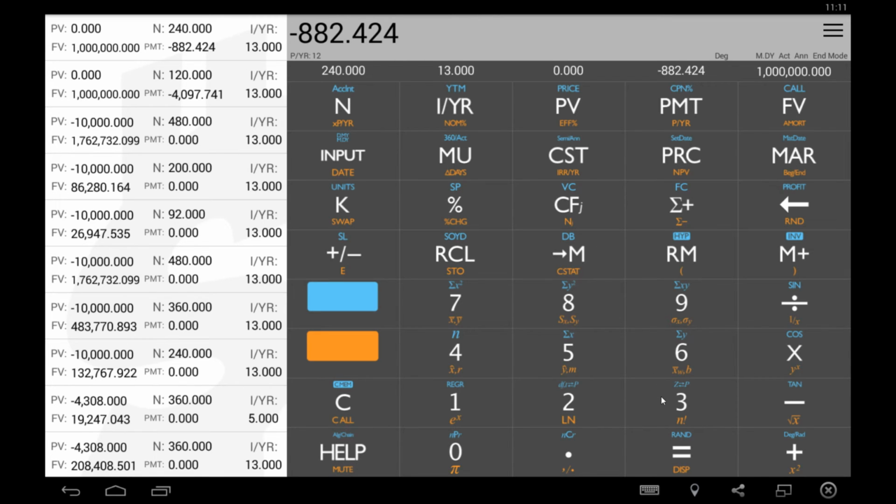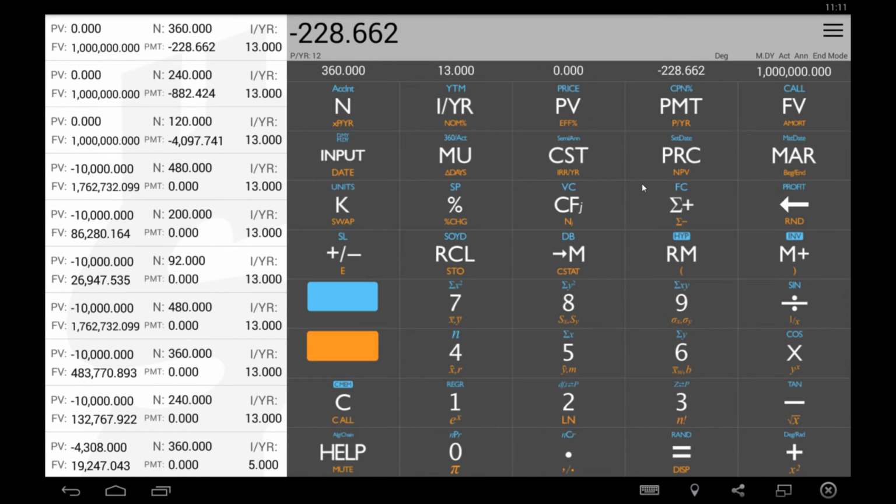Now let's say you started when I started, age 30. Only $228 at a 13% rate to get $1 million. Again, we're not factoring in inflation here. So we can do 10.37, our calculation from earlier. Okay, so that actually looks right.